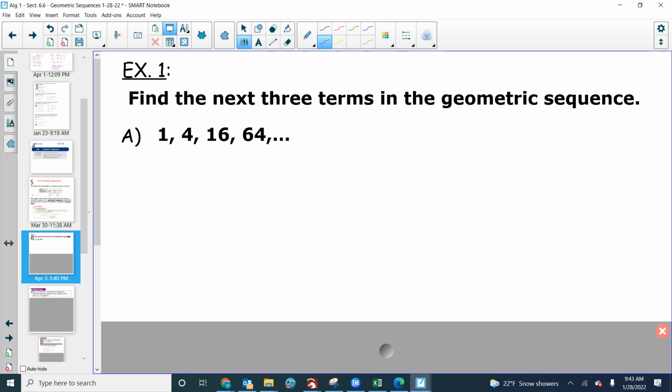Now, sometimes it's easy to see what you're multiplying by. You don't have to divide. What am I multiplying by going this way? By 4? Okay, so get the next 3 terms.